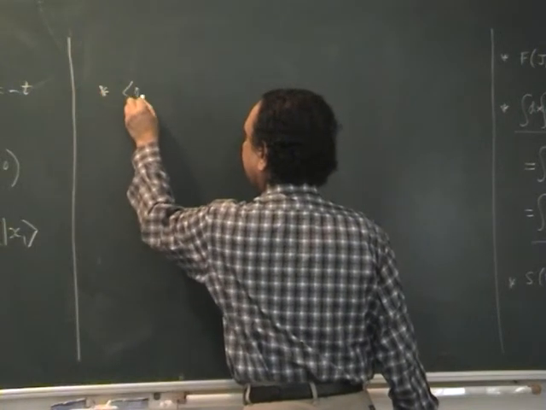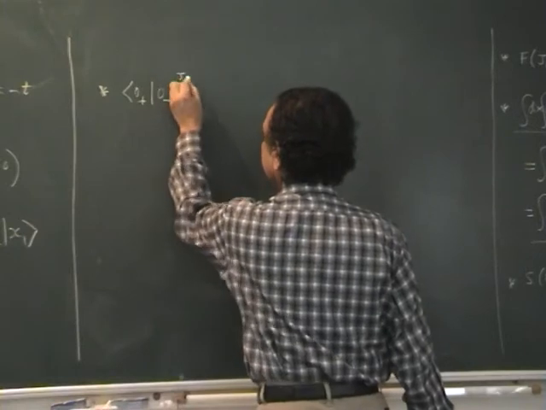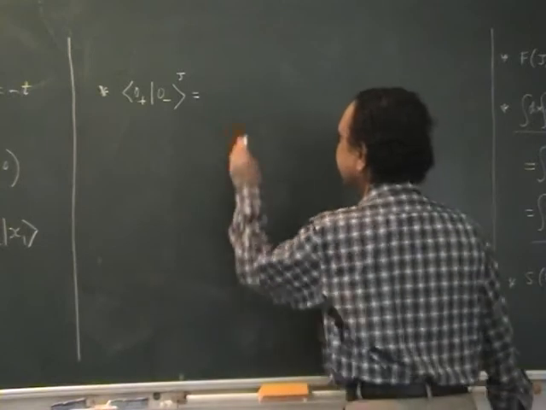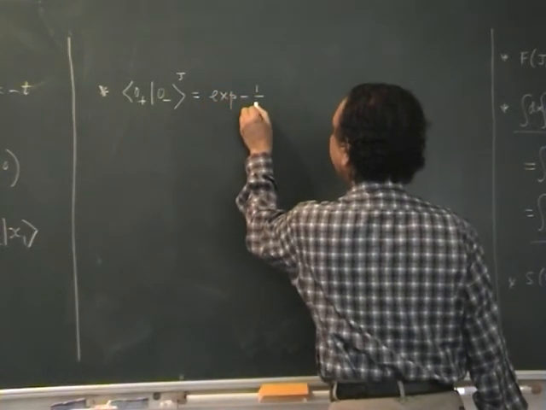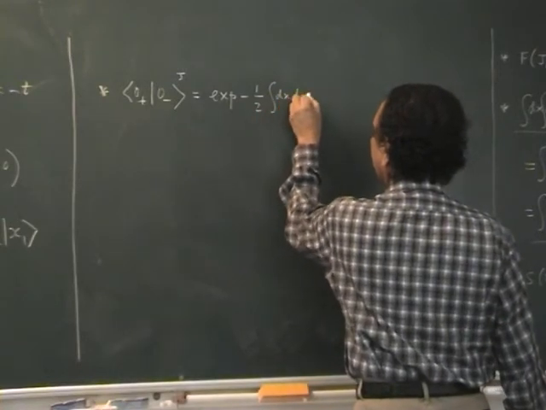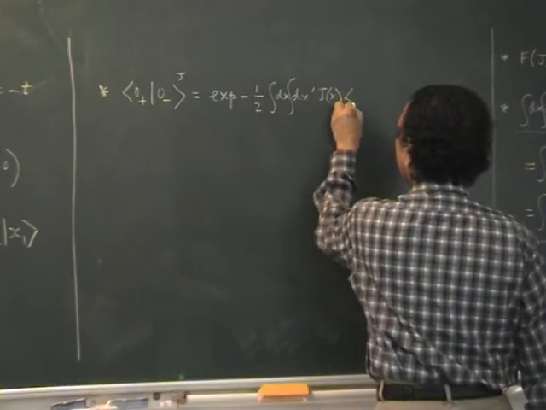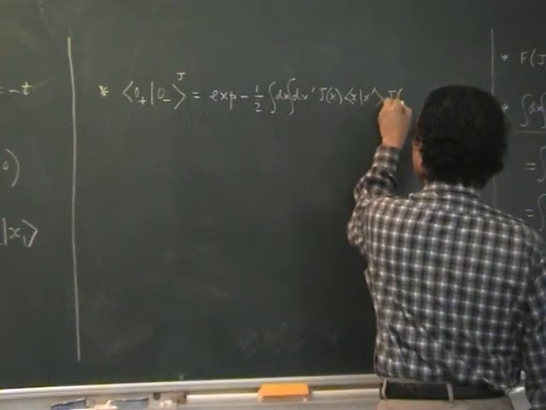It is plus minus in the presence of J is essentially this. You just write it as an exponential. Exponential minus half integral dx prime J at x prime J at x.